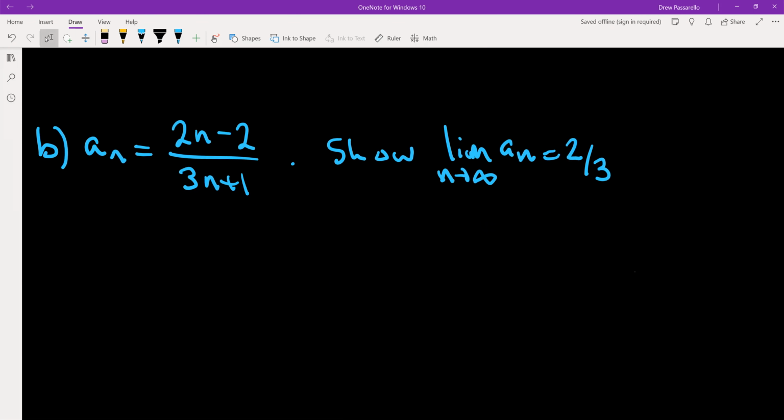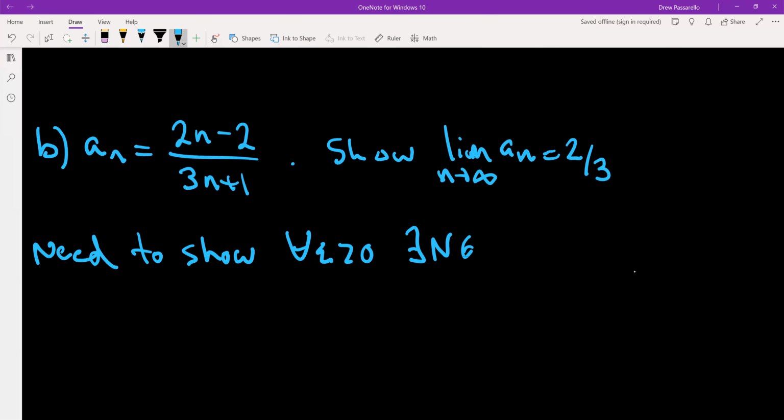Okay, so again, we just need to show for any arbitrary epsilon, there exists a capital N, so that for all little n bigger than capital N, we have the absolute value. So it's normally our sequence a_n minus our value less than epsilon. Our value is 2/3, so a_n minus 2/3 is less than epsilon.